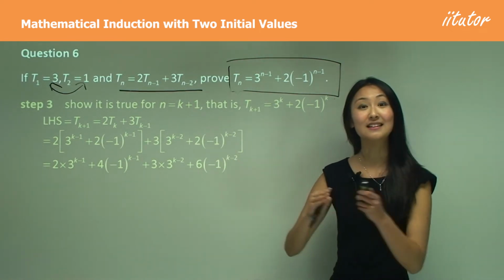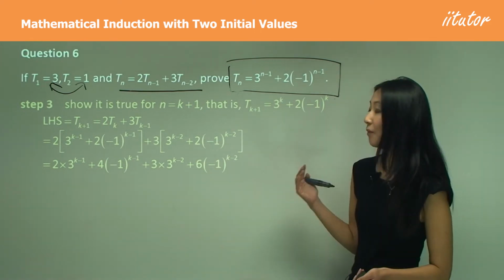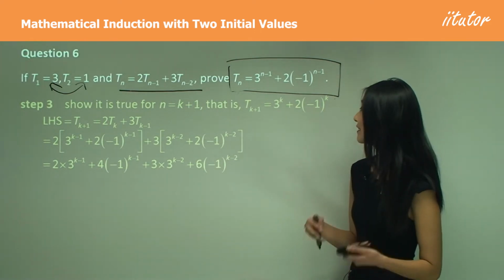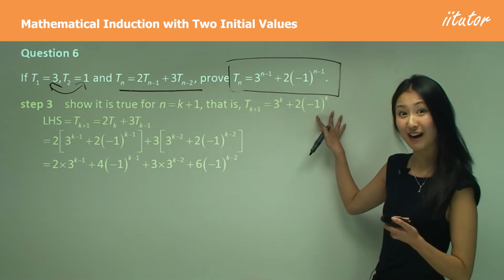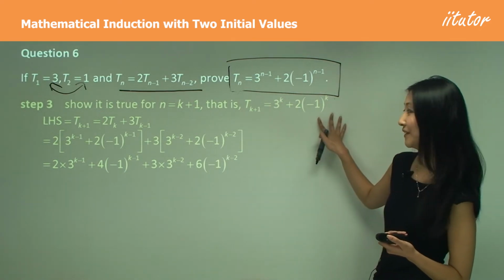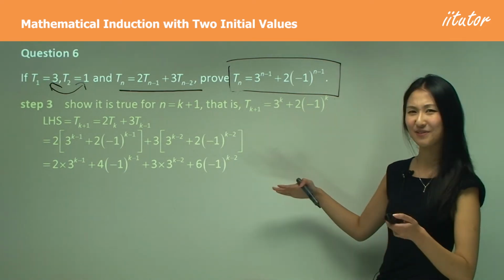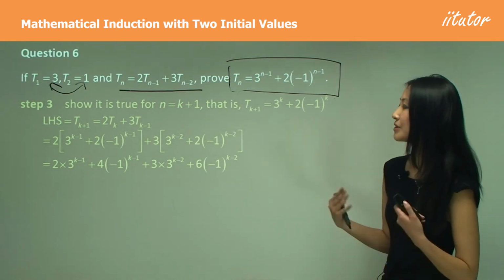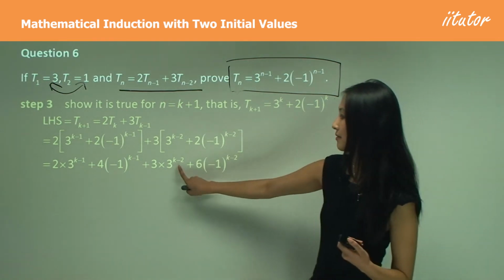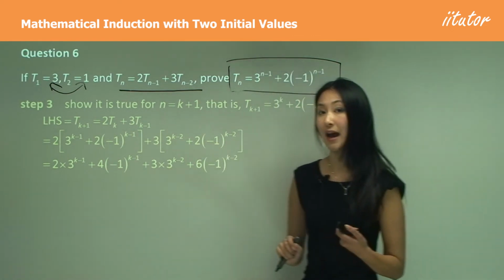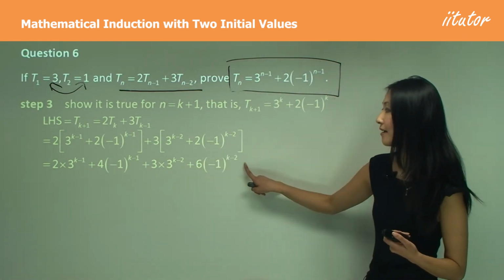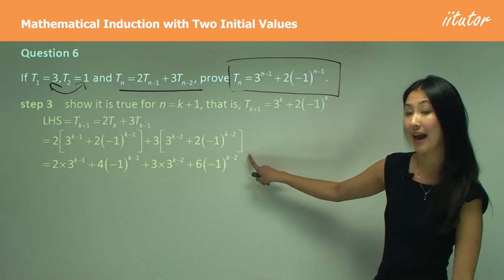So all I've done is just expanded it. I want to simplify some of these things. So remember, always look back to the right hand side, and I want it to look like this. And right now, nothing's really quite looking like that. So what I want to do is make this into 3 to the power of k minus 1, and I want to make that into negative 1 to the power of k minus 1.